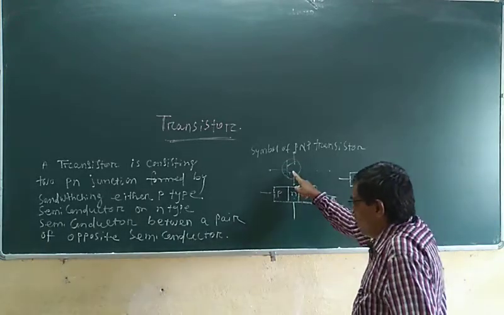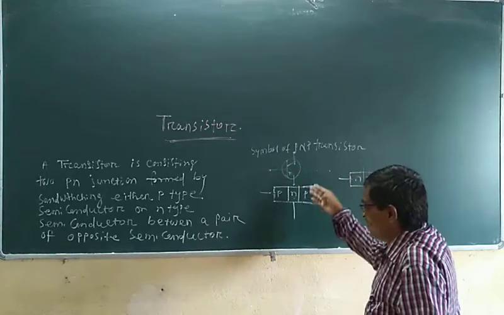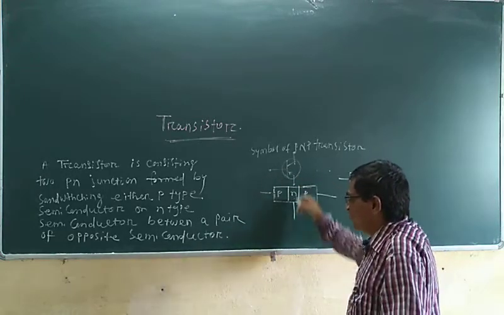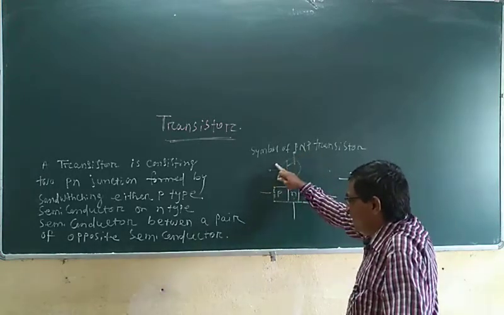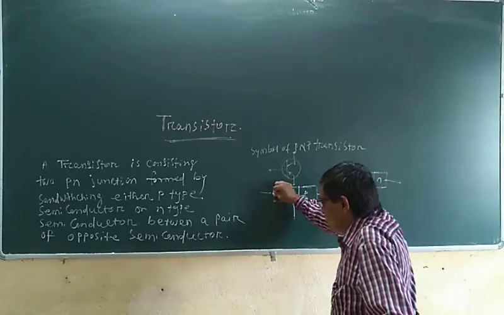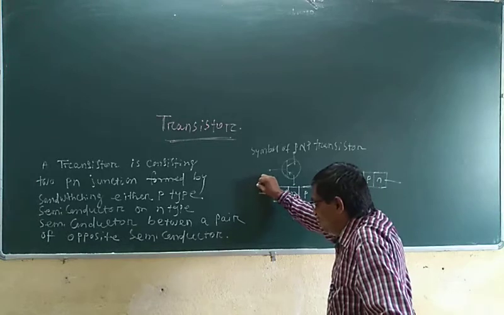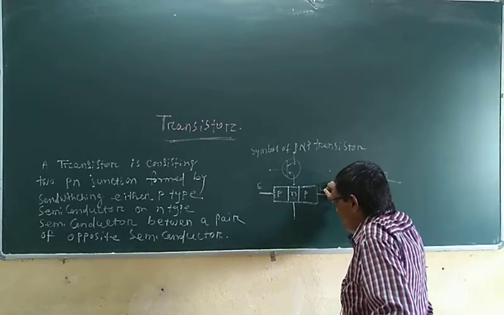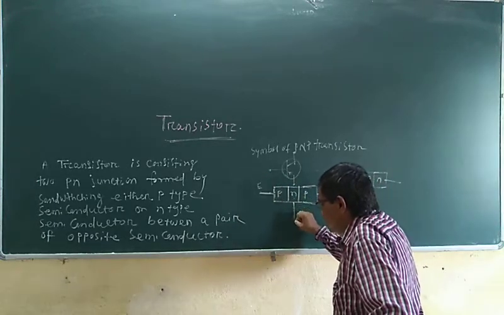Here, the arrow mark is inside towards the base point. Now, three terminals are there. One terminal is known as emitter, another terminal is known as collector, and the third one is known as base.